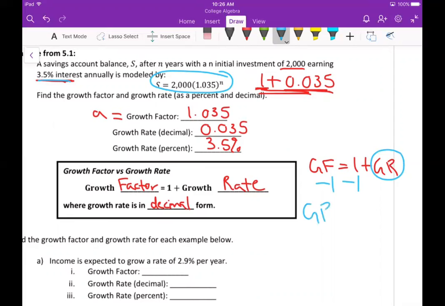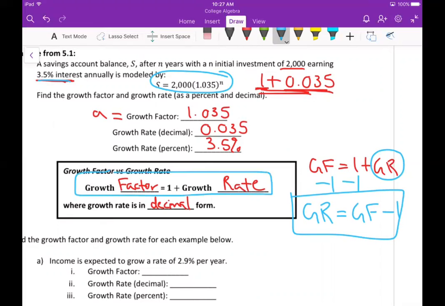So we can always get the growth rate out from the exponential function by thinking, okay, that's just the growth factor I see in the function minus 1. So this is another helpful equation as well. Not just that the growth factor is 1 plus the growth rate if we're given the growth rate, but also that we can take that growth factor from the equation and subtract that 1 to get back to the growth rate.